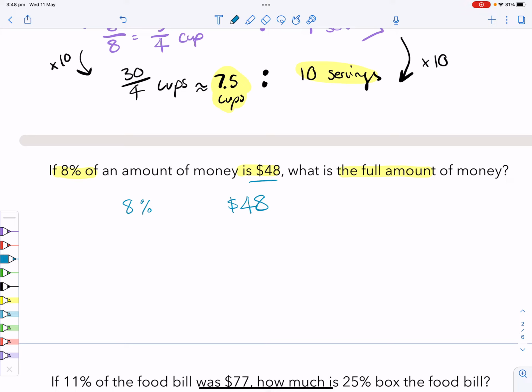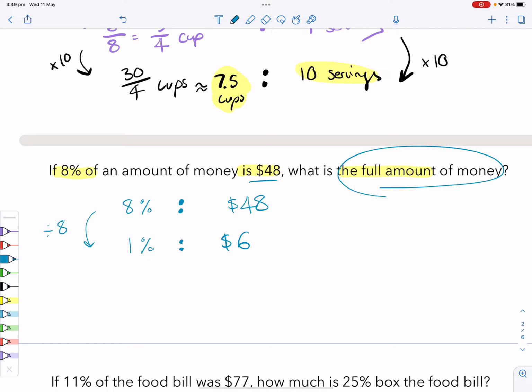It looks strange. So I'm going to use this instead. I'm going to put the ratio thing there, and I think people will understand what I'm getting at. We are going to scale this down, so we find out how much 1 unit of this amount of money is. So 1%, that means I've divided this by 8. I'll do the same to both sides, so that gives me $6 on the right-hand side.